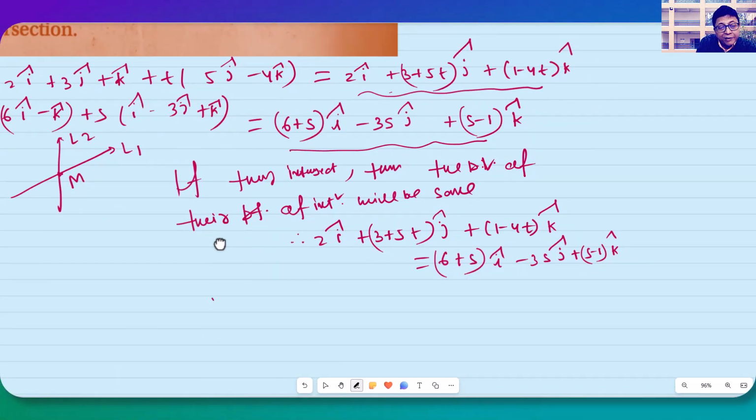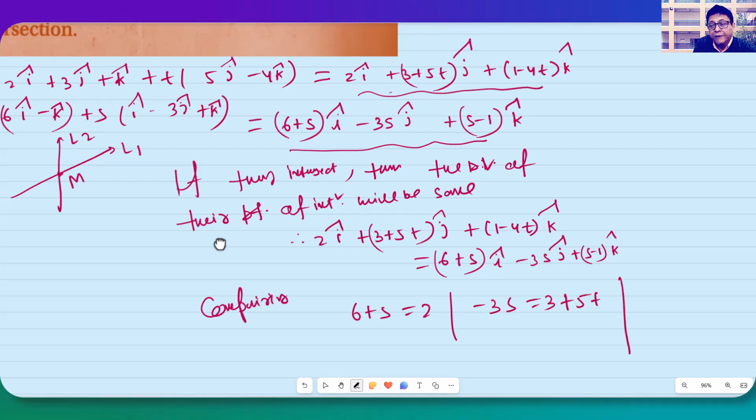So comparing, we get 6 plus s equal to 2, minus 3s equal to 3 plus 5t, and s minus 1 is 1 minus 4t.